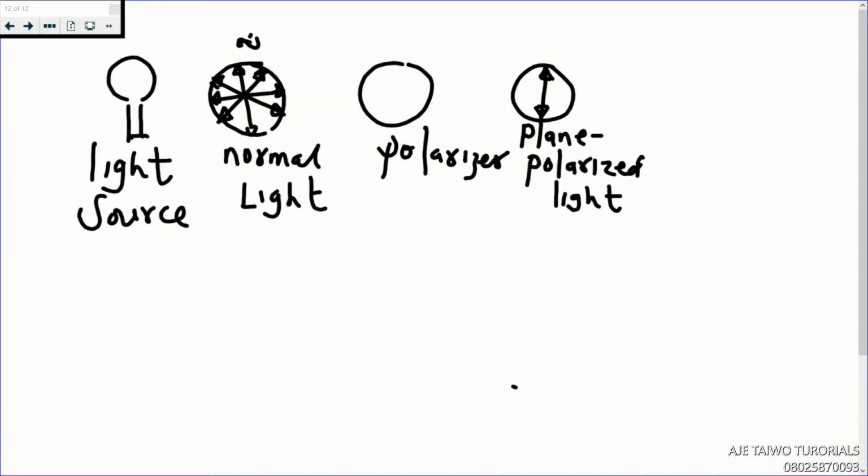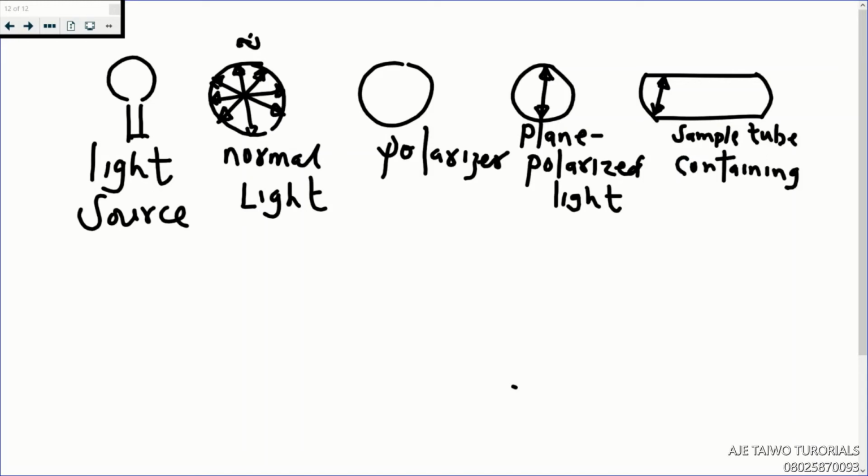If you now pass this light through a chiral compound, this is a sample tube containing a chiral compound.